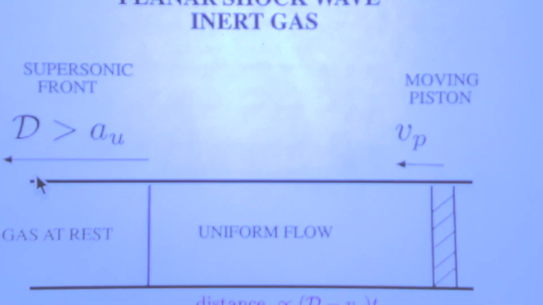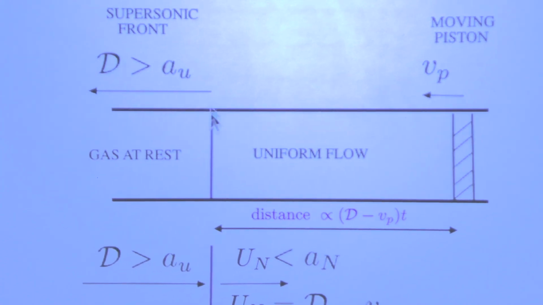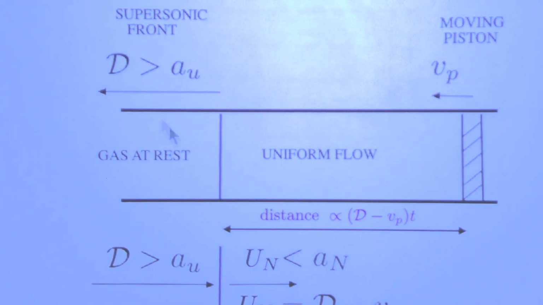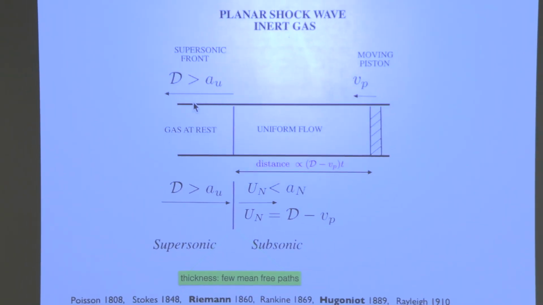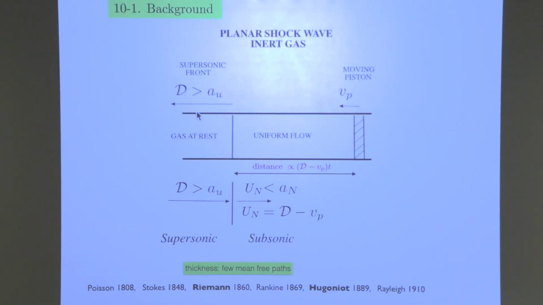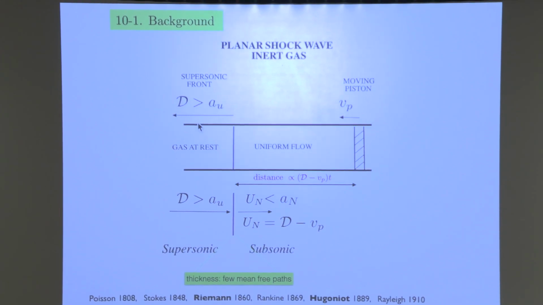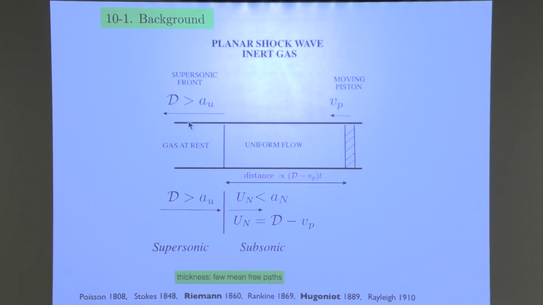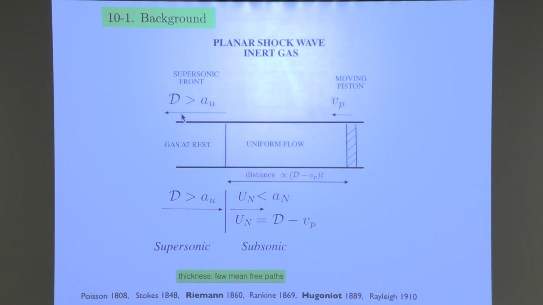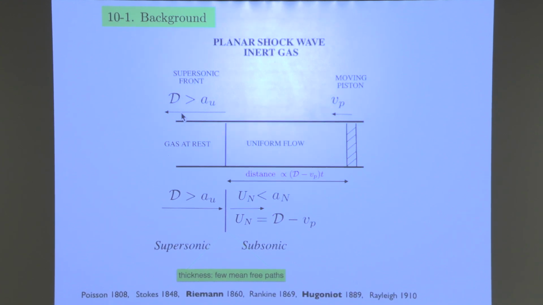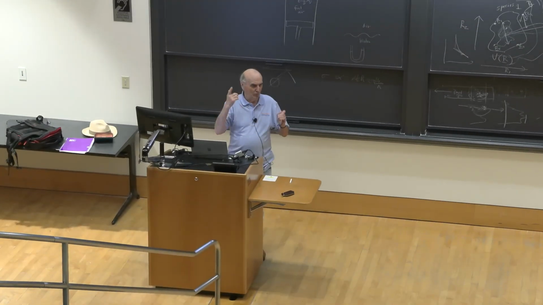I forgot to tell you that the velocity of this discontinuity, called a shock, is necessarily larger than the sound speed. Now, if you have a weak shock with a propagation velocity just above the sound speed, Mach 1.1 or 1.05, the thickness becomes larger, as I will try to explain.